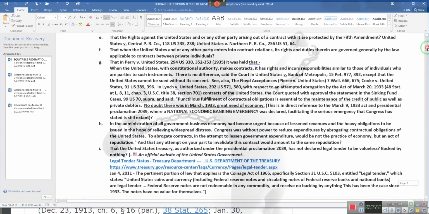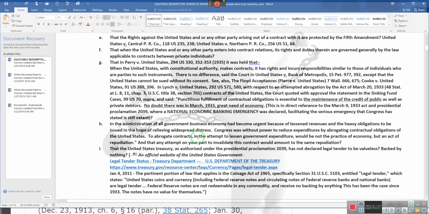If you want to add another proof of claim, like this says, proof of claim that in the administration of all government business, economy had become urgent because of the lessening revenues and the heavy obligations to be issued in the hopes of relieving widespread distress, Congress was without the power to reduce expenditures by abrogating contractual obligations of the United States.